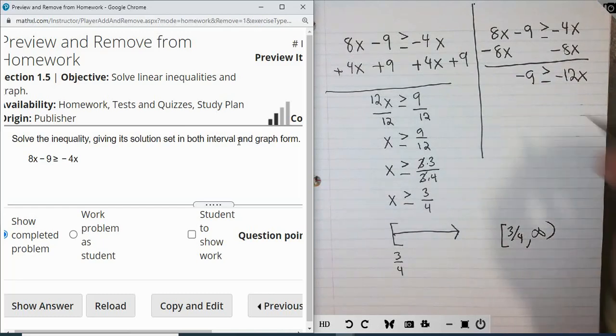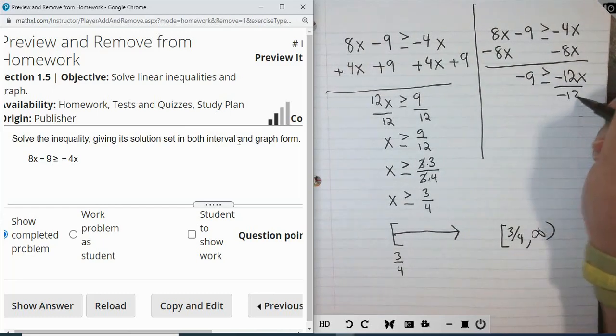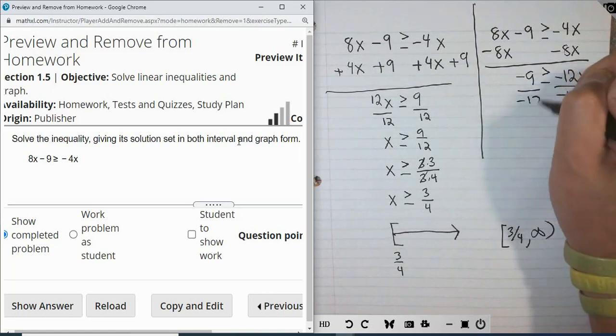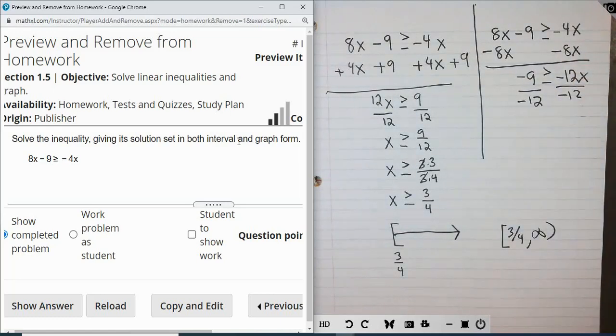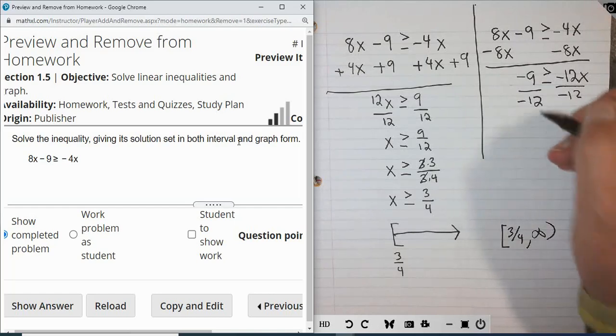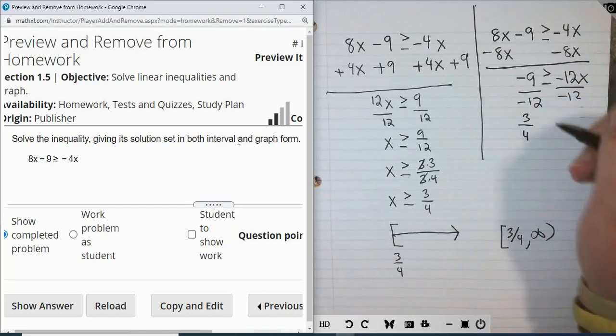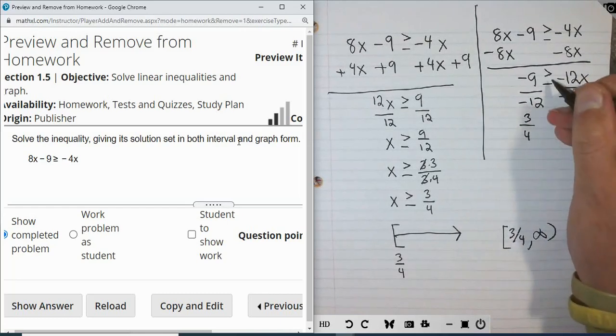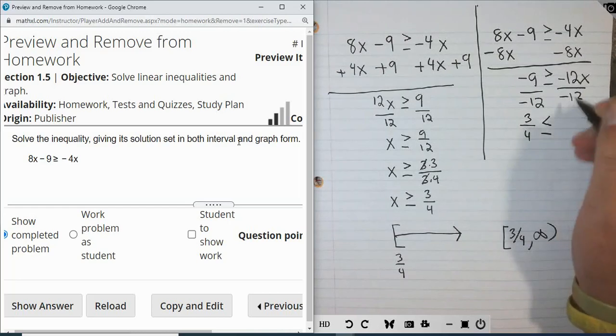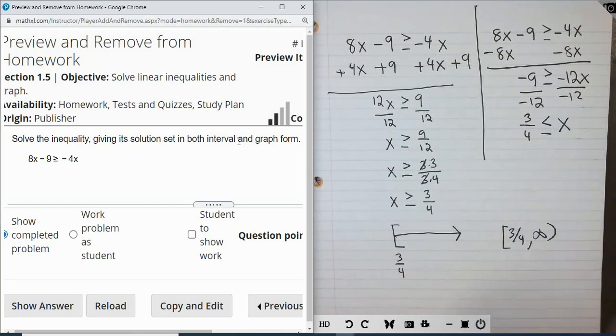Notice I'm dividing by negative 12 on both sides. Now I'm dividing by a negative value. And remember, when I do that with an inequality, I've got to reverse the sign. So 9/12 is going to be 3/4 again, but I've got to reverse the sign. So now it's going to be this direction here, right?